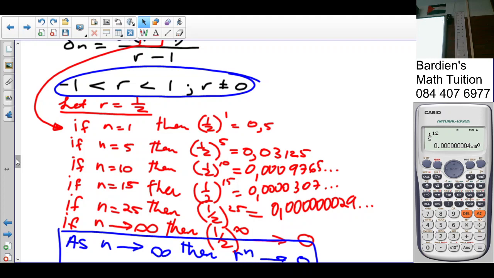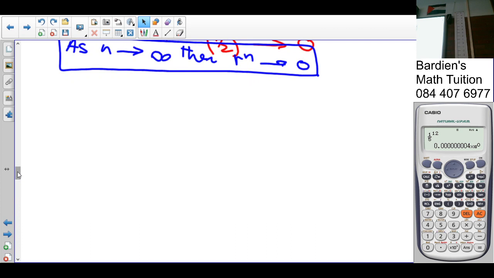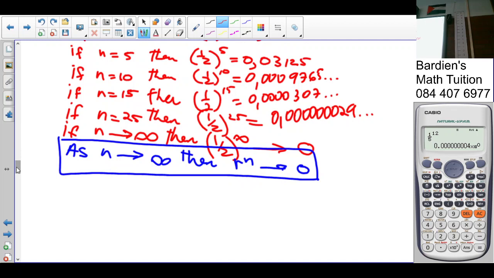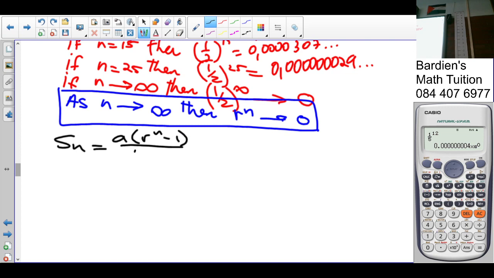Alright. So say for argument's sake, you don't know what's happening here. Before I go into that, if this is now the case that r to the n approaches 0 if n approaches infinity, from this formula r to the n minus 1 over r minus 1, and r is greater than negative 1 but less than 1, remember what does r to the n now become? 0.